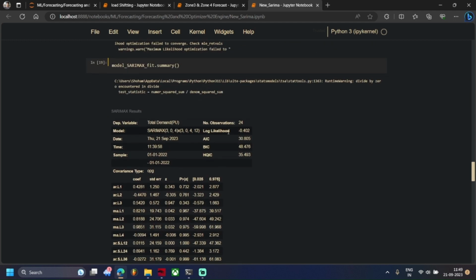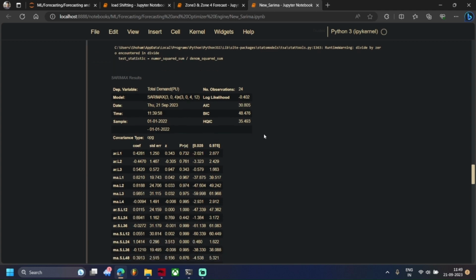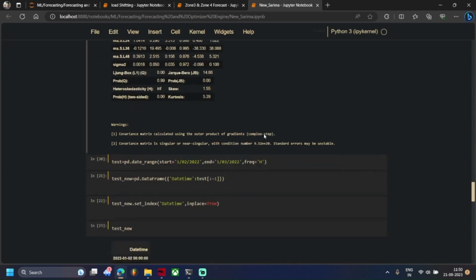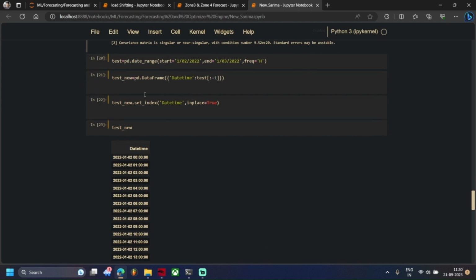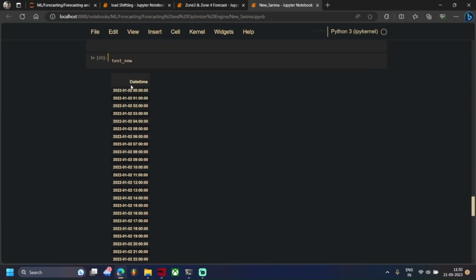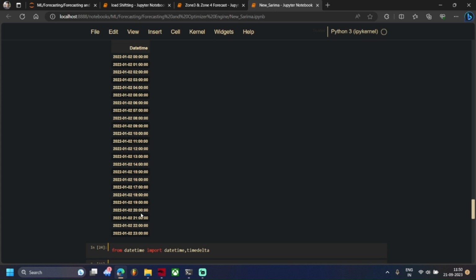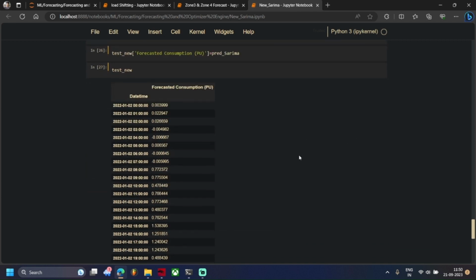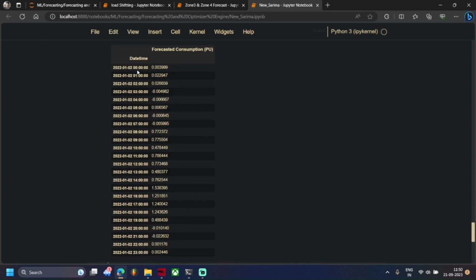model, and you can see the log likelihood is pretty low, and that gives you an intuition that the forecast will be pretty accurate. And so we have generated the next day's timeline, what the timeline will be for the next day, and then we have predicted the next day's total demand consumption, and this is the predicted value.